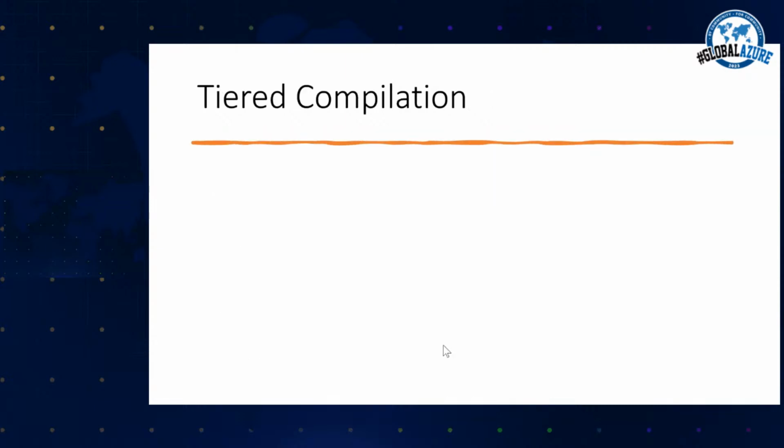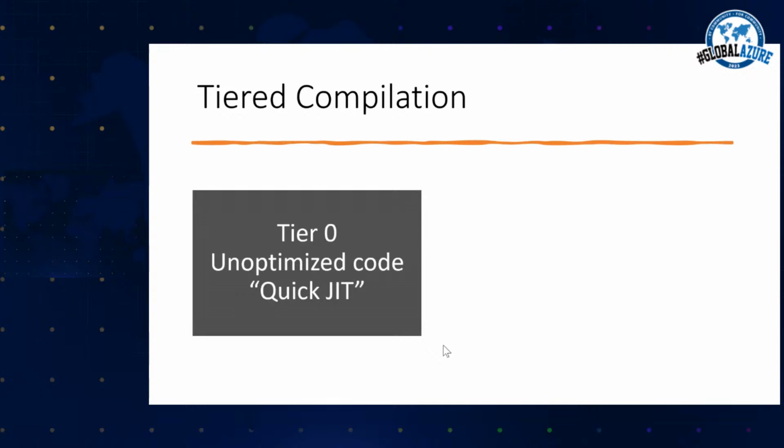A feature in .NET that has been there for a while is also tiered compilation. Tiered compilation actually compiles your code multiple times. The first time it does so, it does a really sloppy job. However, it is fast. It doesn't run a lot of optimization. It doesn't look into what it could do to your code to make it faster.